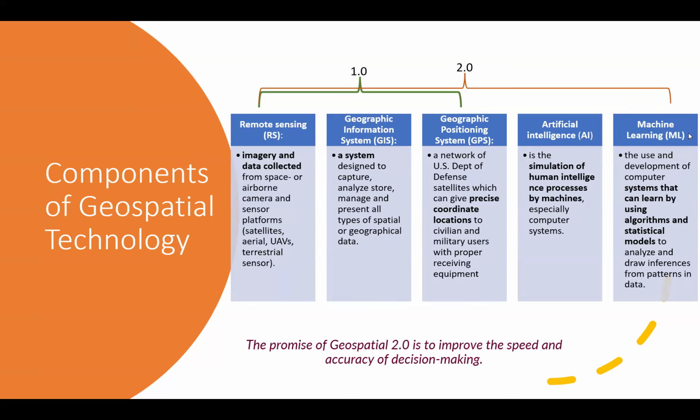Earlier, from the satellite we used to take the picture, then the picture would come, the digital numbers would be converted into pixels, and the pixels would be interpreted. After interpretation, it would go to a GIS system, where you would do the attributization. Once the attributization is done, you would have thematic layer preparation. So these were multiple steps.